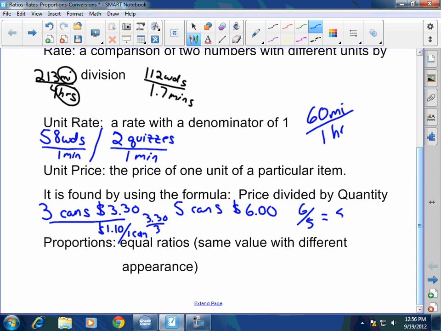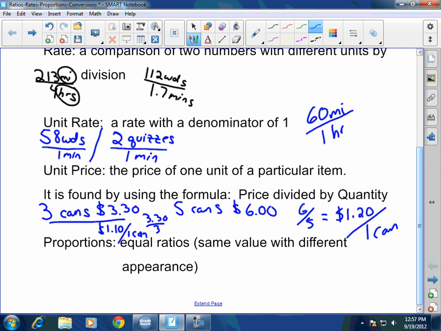So that's going to be $1.20 per one can. That's a unit rate. So unit rate and unit price are the same, except unit price is always price divided by quantity. Whenever you're talking about a unit rate or a unit price, you want a 1 on the denominator. Does that make sense so far? Yes? No? Maybe kind of, sort of?